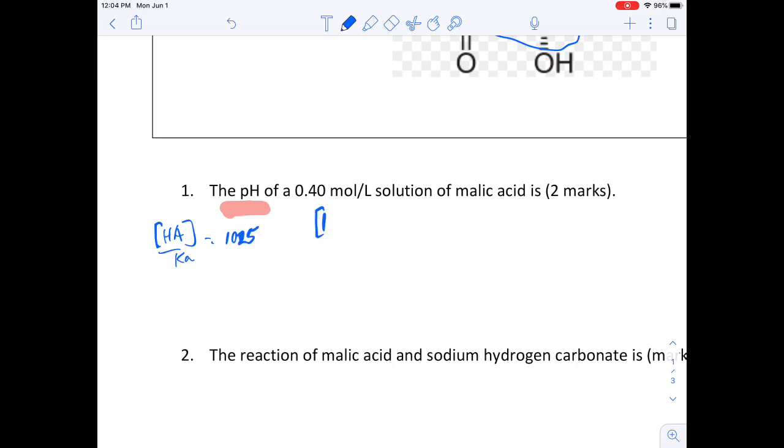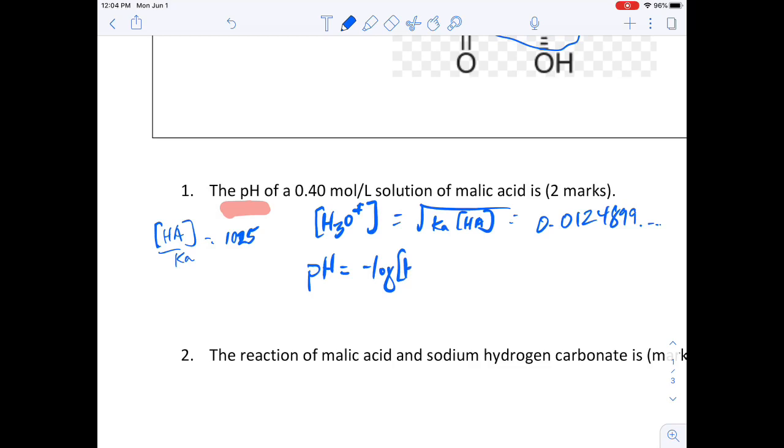So we can calculate the hydroniums using the square root of the Ka times the concentration of the acid, and if you plug those numbers in, you get 0.0124899. So then the pH is going to be the negative log of the concentration of hydroniums, so the negative log of this number, and we end up coming out with 1.90.